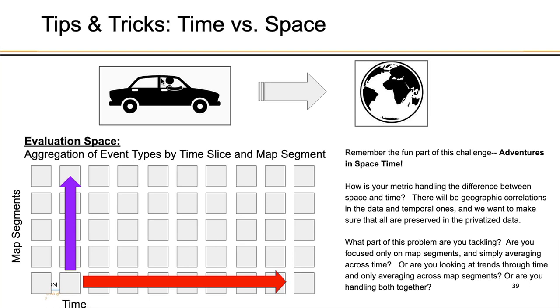Or are you looking at trends through time using tools that are developed for that and just averaging across map segments? Or are you handling both? So this is something to consider and to state clearly in your write-up, how you're approaching space and time. We're going to go through these a little bit efficiently here, but these slides are also going to be available online, and you'll be able to read through this copious wisdom at leisure. All right, next slide.